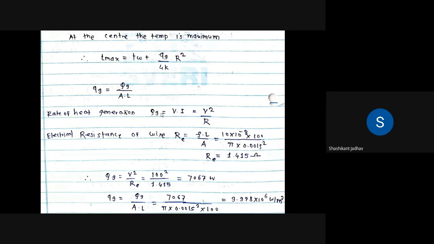Find out the value of Tmax. Put these values into the equation and find out the value of Tmax. Put that answer in the chat box so that I will check all are doing calculation or only sitting there. Tmax, what is the value of Tmax?